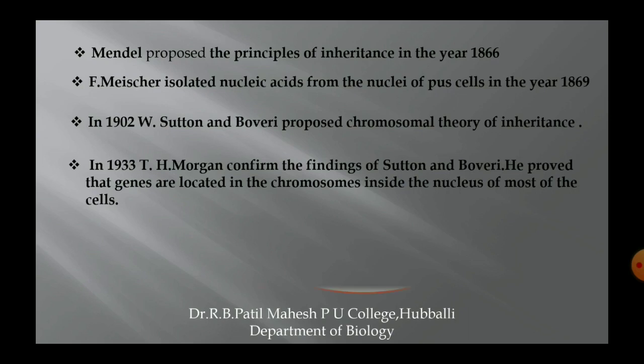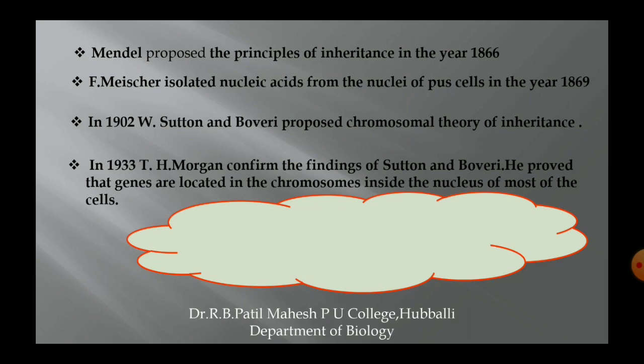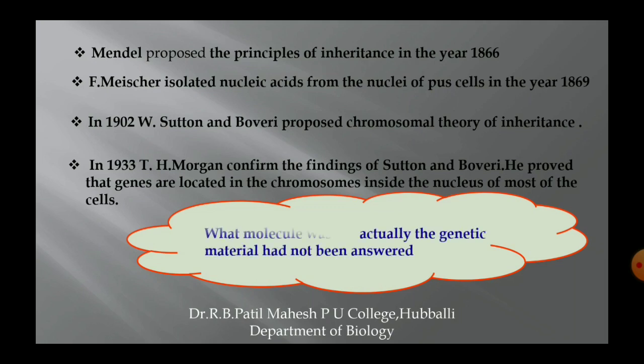The problem is they failed to explain which was actually the genetic material. Before this, most of the people believed that proteins act as genetic material. Some people believed that DNA acts as genetic material.